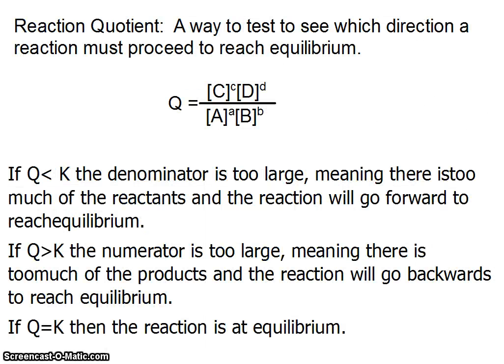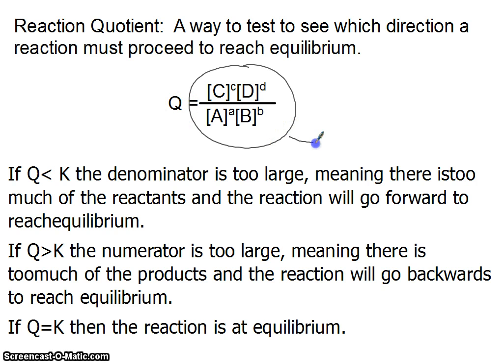Okay? Now, sometimes we want to know if I put 2 things together, are they at equilibrium or not? For that I use what's called the reaction quotient. The reaction quotient is the exact same thing as K in the way we write the formula. The only difference is that if I was writing K, these would be equilibrium concentrations.